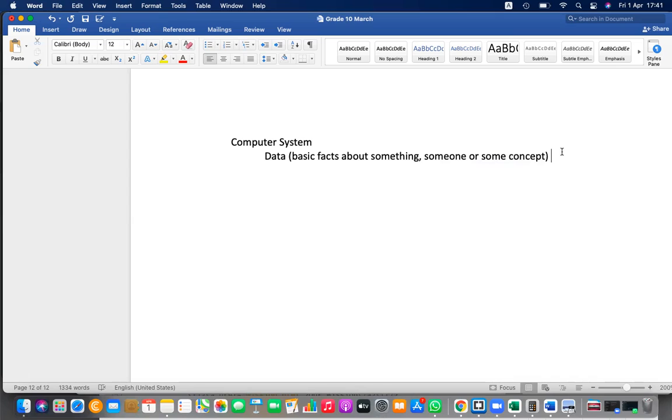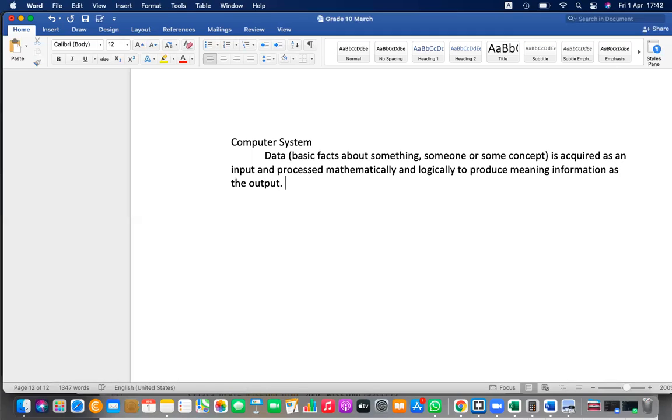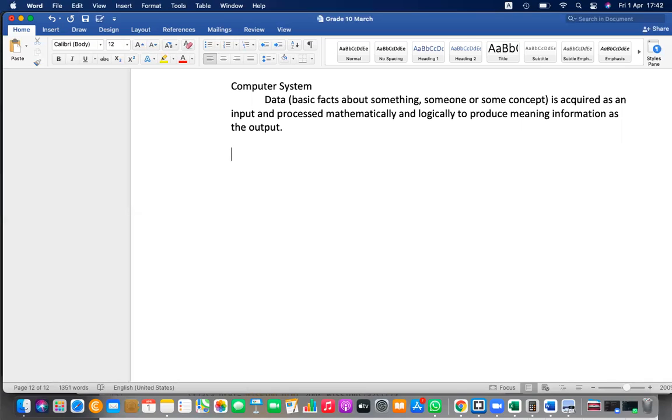Data is acquired as an input and processed mathematically and logically to produce meaningful information as the output.